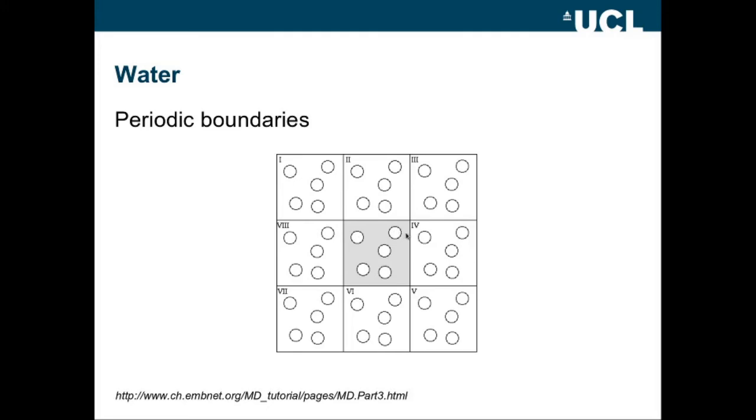So as this atom moves over here and approaches this atom, because this is a copy of this one, then we make it come in on this side. So in reality we only actually simulate the middle box, but we allow atoms to move as if they were entering another box by pushing them in on the other side.